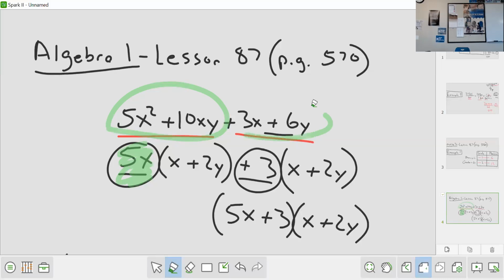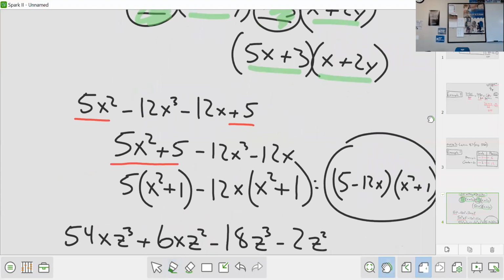And then in this group, we factored out this 3, and we ended up with an x plus 2y. If you'll notice, these are exactly the same. So now I can say 5x plus 3, put that there, times my x plus 2y. And that's one way of taking four terms and factoring them in such a way that you get two binomials times each other.